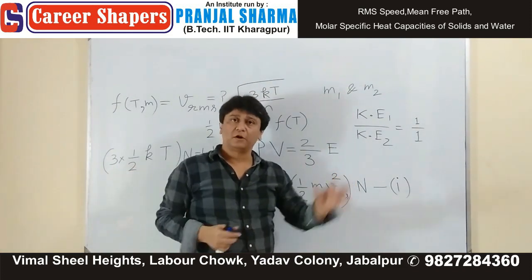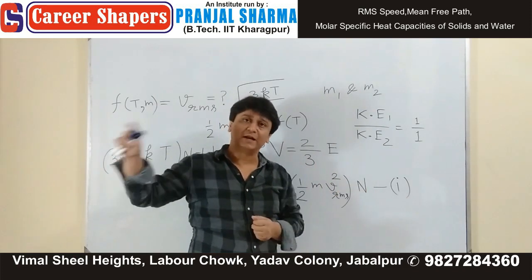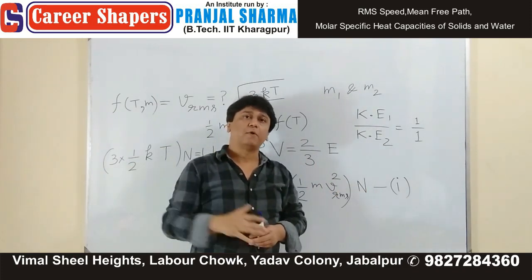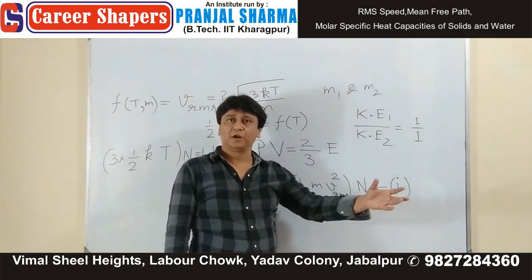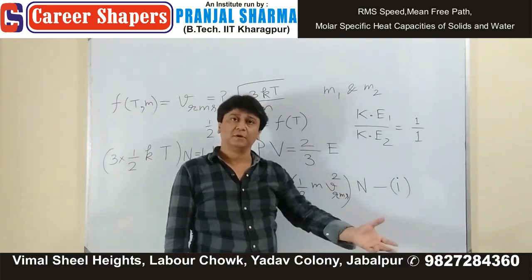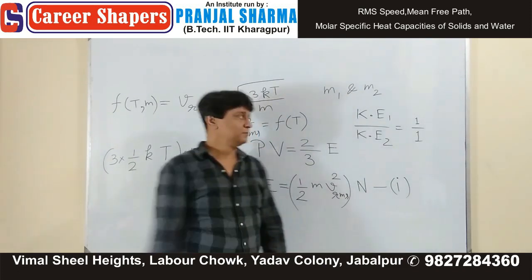So you will say that no, one has no kinetic energy and two has got certain kinetic energy. You're not talking about these kinetic energies. You're talking about kinetic energy of the entire sample and then its average. So we are into that.